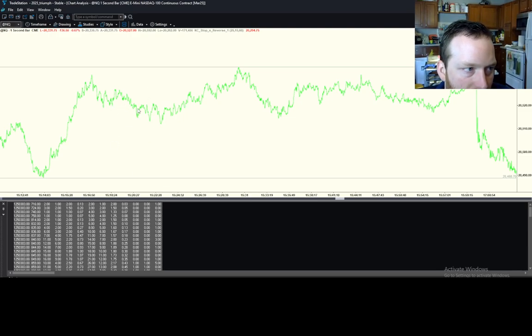If it has a lot of back and forth, like this section here, we would be counting all of that as price movement. And we're looking at what's the price movement during this time.